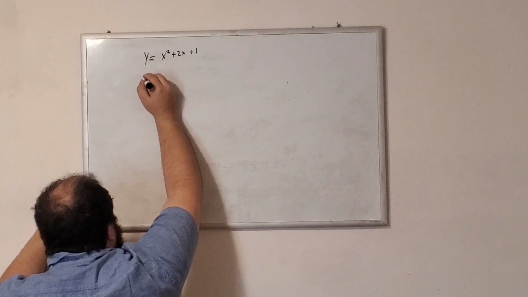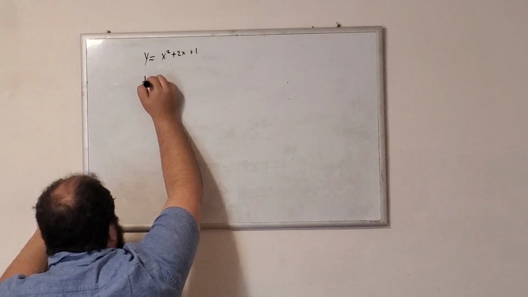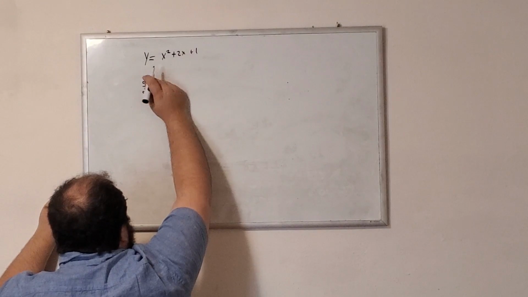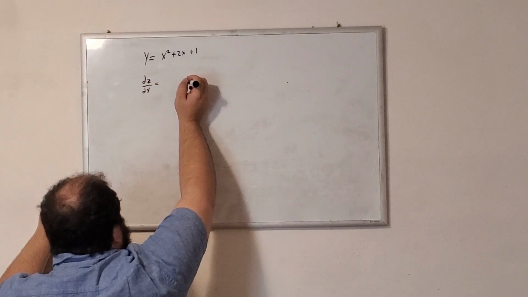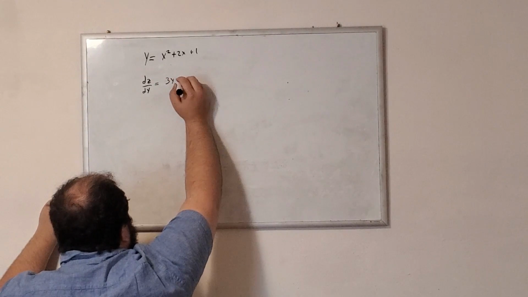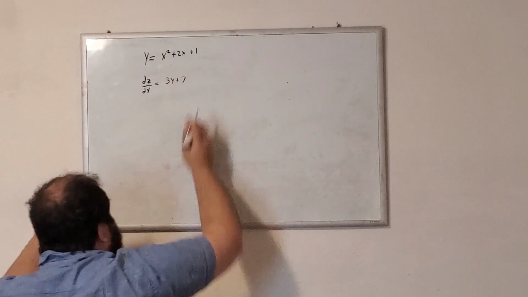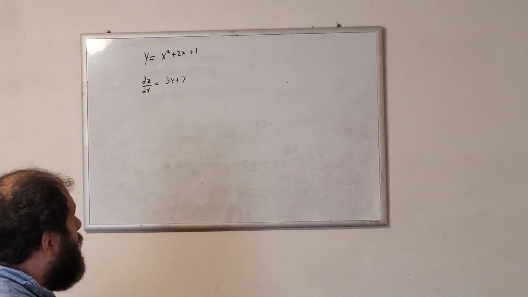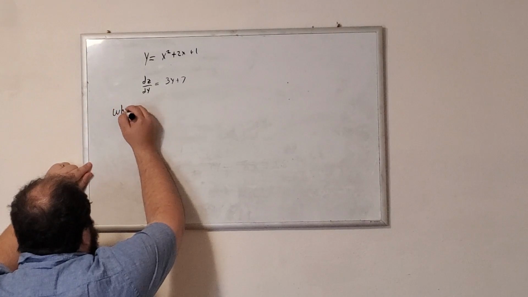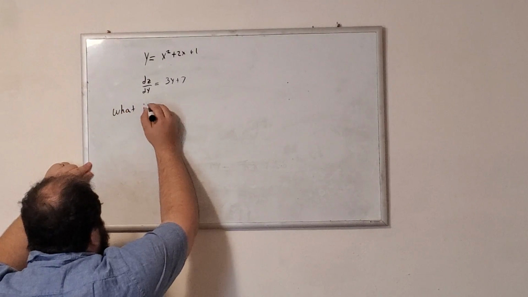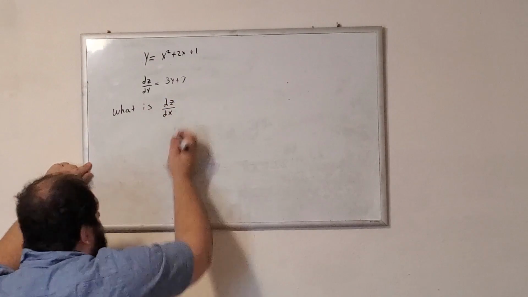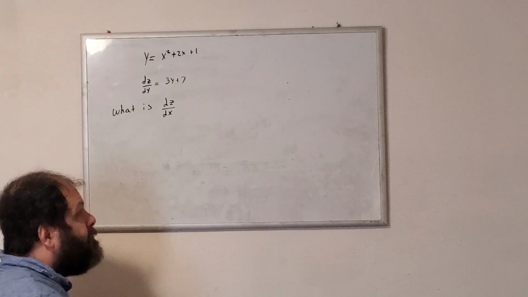And then we're going to be told dz by dy is equal to 3y plus 7. Okay? And then what I want us to find is dz by dx.